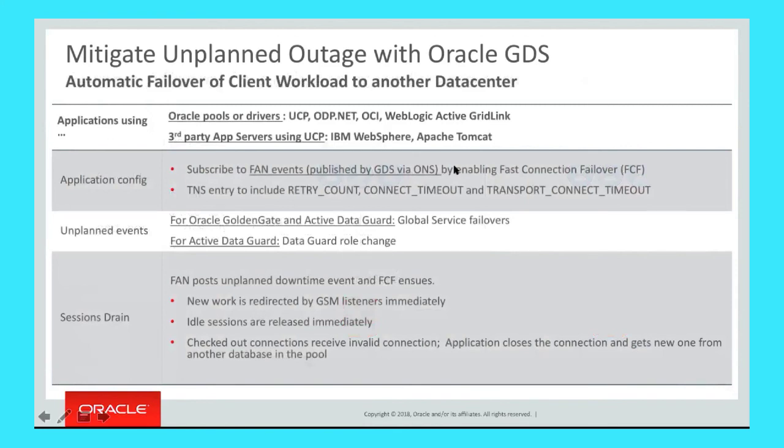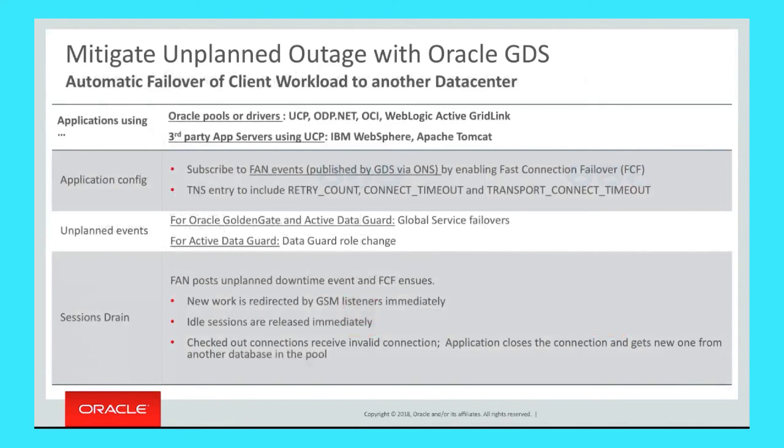The other best practice that you want to follow is to subscribe to the FAN events published by GSMs, right? And basically, you would enable fast connection failover, in this example in UCP. Once you enable FCF, you are basically subscribing to the FAN notification, right?